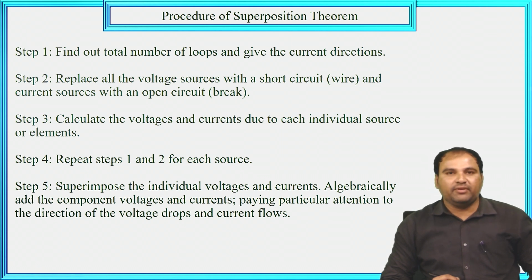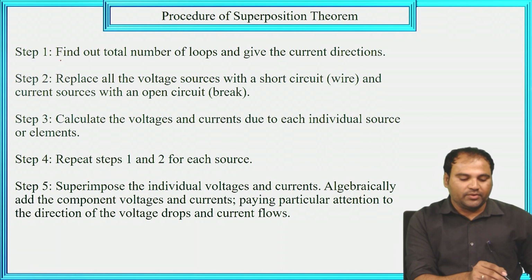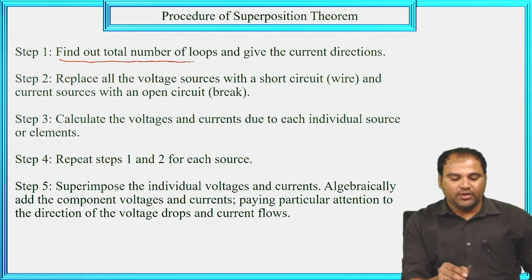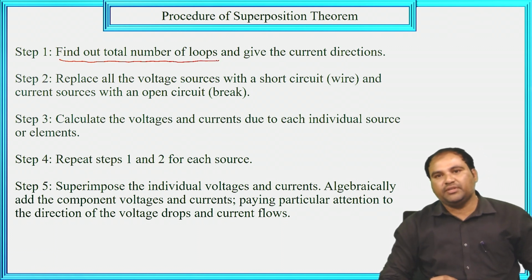Step number 1: first we have to find out the total number of loops in a given circuit. After that we have to give the current directions. The currents depend on the total number of loops in a given circuit.